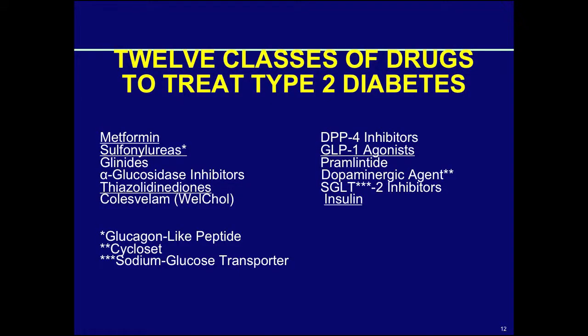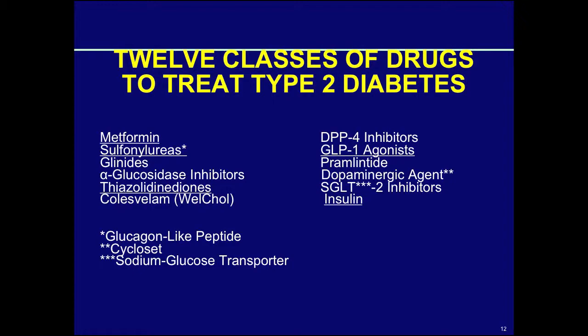Now, there's a lot of pills we can use, a lot of medications we can use to treat diabetes. There's 12 of them. The ones on this slide that are underlined are the ones that LA County formulary has: metformin, sulfonylurea agents, glycides, which are rapid-acting sulfonylurea, so to speak, alpha-glucosidase inhibitors, TZDs.